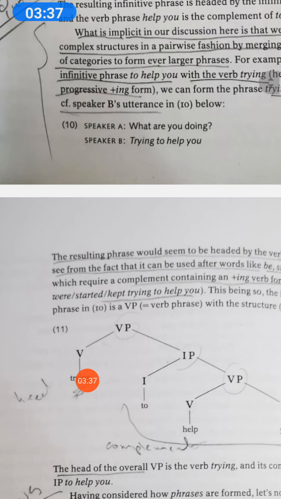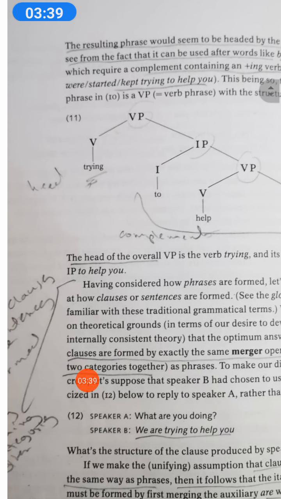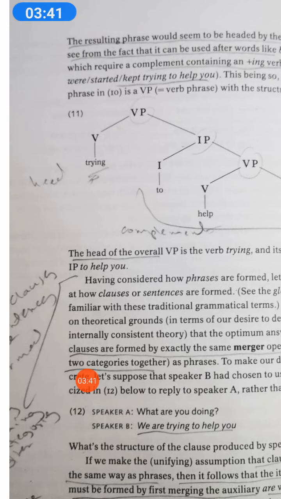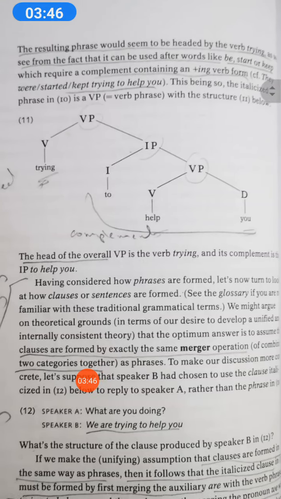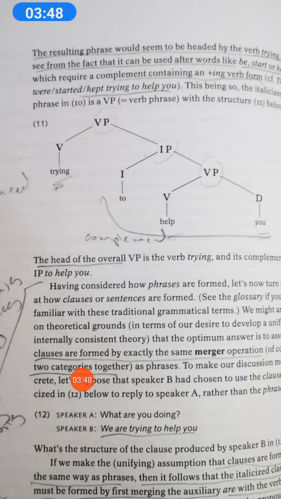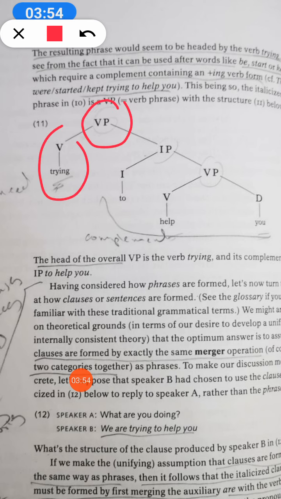By adding one more element, we get another bigger phrase, as in diagram number 11. In diagram number 11, by adding the verb trying to the previous infinitive phrase to help you, we get a bigger phrase, which is the verb phrase trying to help you.